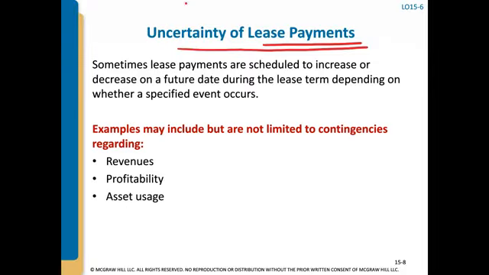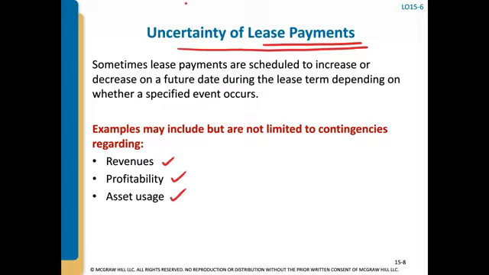So here are just some examples. For revenues, a lease could say if you hit X amount of revenues when you lease out our buildings, then your lease payment will increase by X dollars. Or if you hit a certain amount of profitability, your lease payment may increase by a certain amount of dollars.